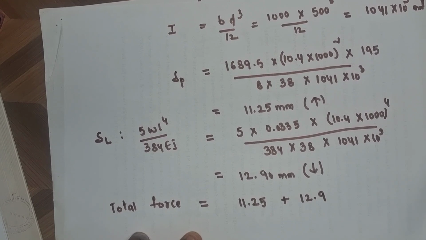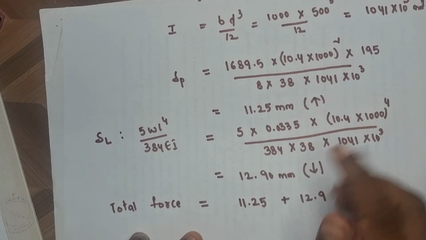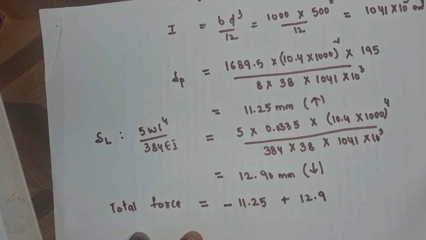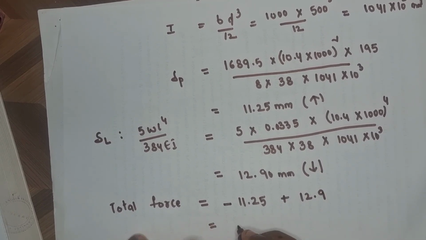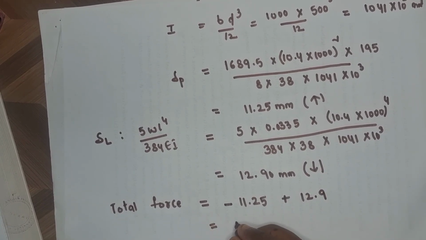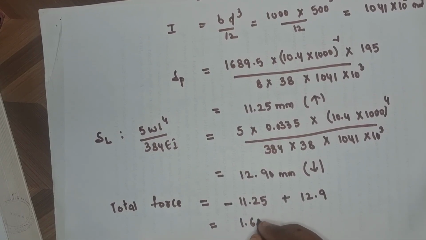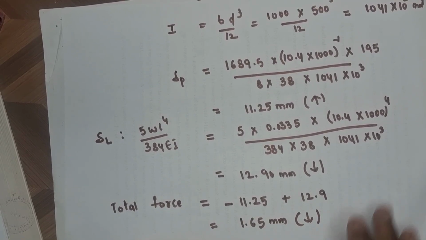Generally if it is an upward direction we take negative sign, if it is downward direction we take positive, then the value will be 1.65 mm. Positive means downward direction, right? This is the answer.